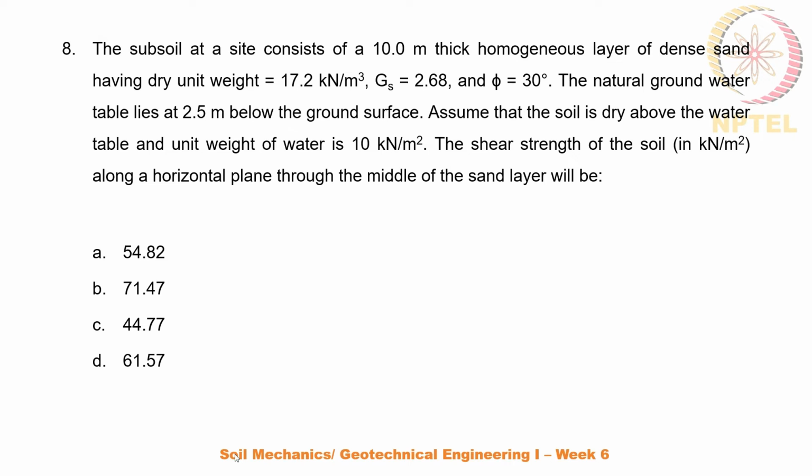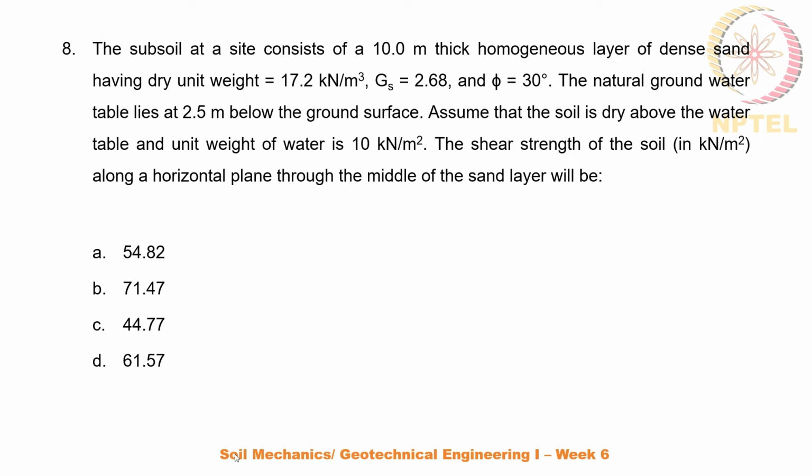The natural groundwater table lies at 2.5 meter below the ground surface. Assume that the soil is dry above the water table and unit weight of water is 10 kilonewton per meter square. The shear strength of the soil along a horizontal plane through the middle of the sand layer will be.